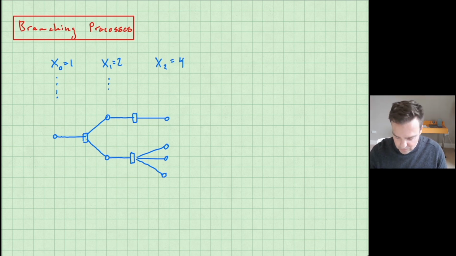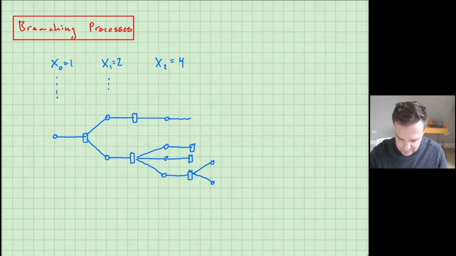And then say you go forward, these guys have a potential to branch off, but they don't, they actually just stop entirely. They disappear. And then this other one springs off and makes 2. Each of these little rectangles is a branching event. And this guy, let's say he springs off and also makes 2.